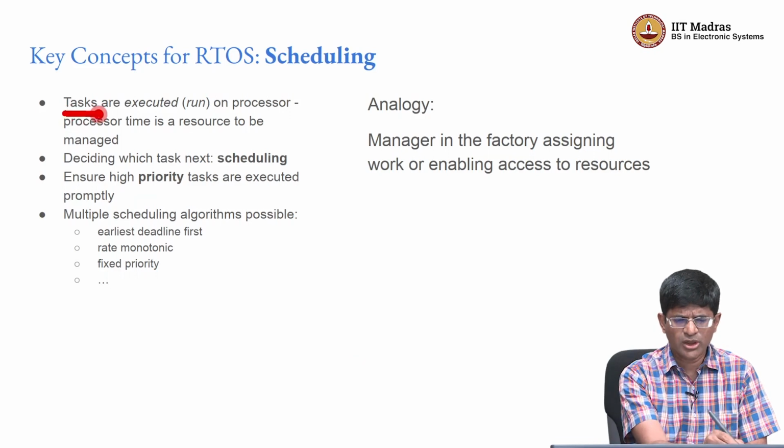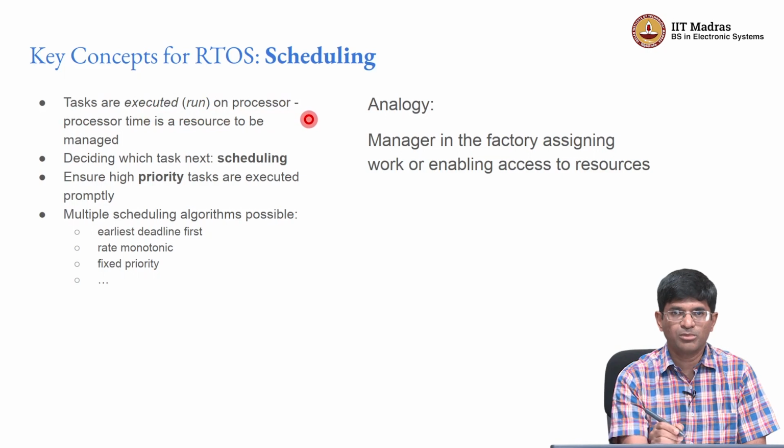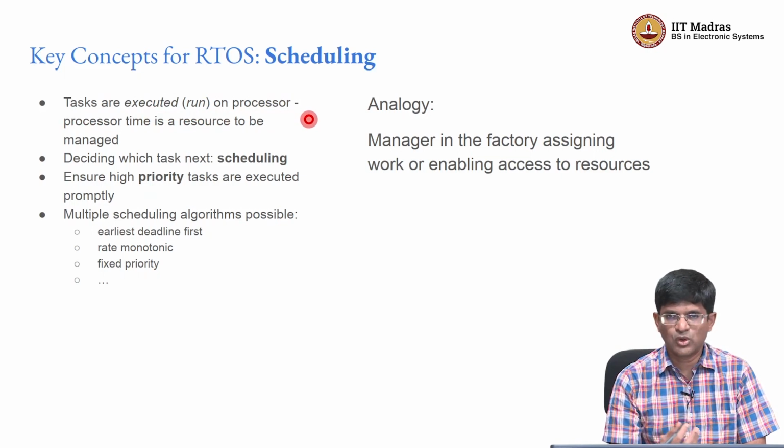The bottom line is these tasks are executed or run on a processor. So the terms running a task or executing a task more or less mean the same thing in this context at least. And what it means is that I need clock cycles on the processor during which the instructions corresponding to this task actually get executed, and thereby some useful work gets done.